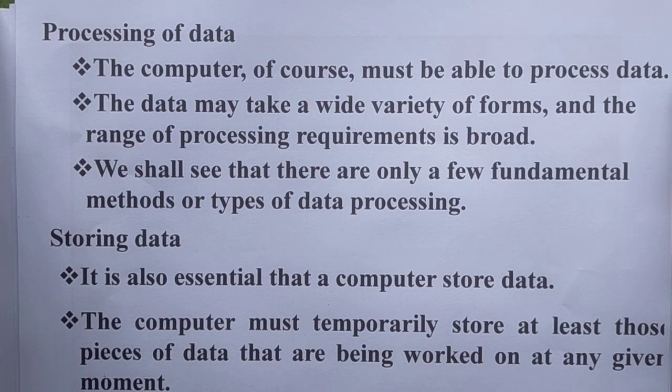So, data processing depends on what we want to do and where it needs to be stored. We shall see that there are only a few fundamental methods or types of data processing, because it is a research area how different data is processed according to our requirement.